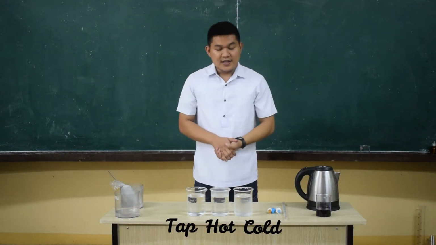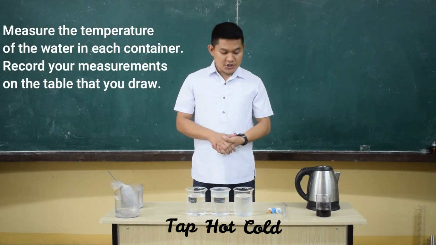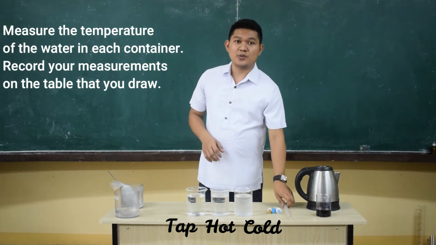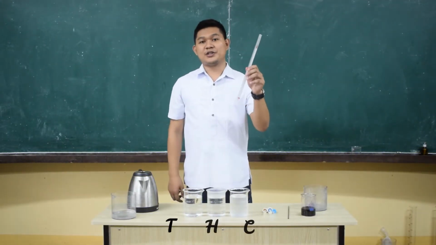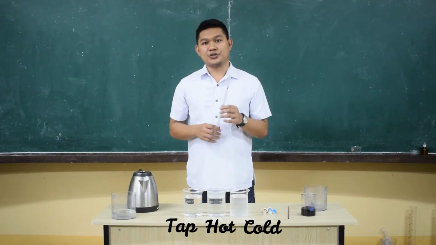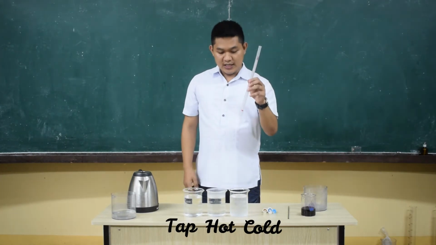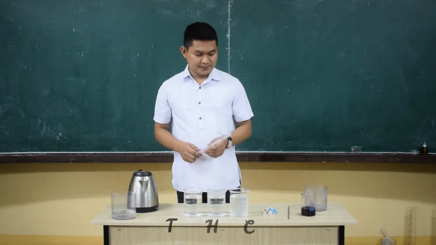Okay, the next thing to do is to measure the temperature of water in its container. You will make use of the thermometer. Then you will record your measurement on the table that you drew. Caution: hold the thermometer carefully and return it to its holder after being used. Then, make sure that the thermometer will not touch the bottom part of the beaker.